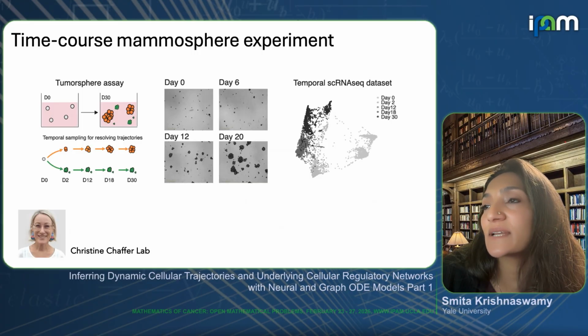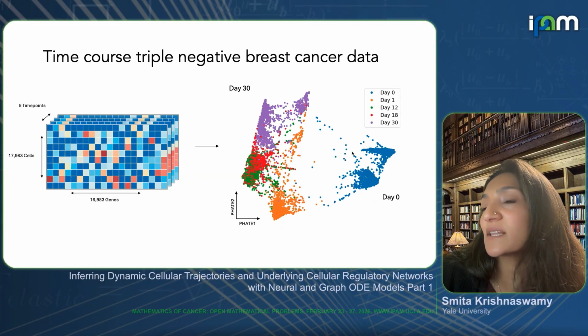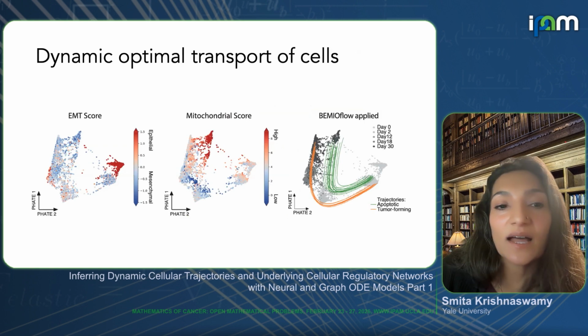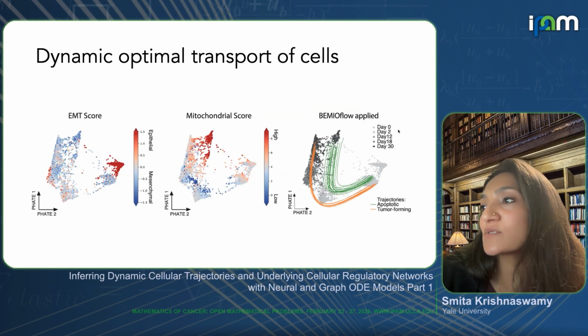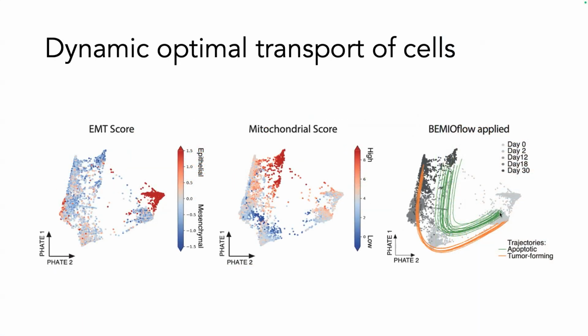These are breast cancer cells that are initially seeded like this, but some of them grow into tumor-like clumps. This is what the PHATE looks like. And one of the things we do is we run this MIOflow methodology to understand specifically 2 different types of trajectories.